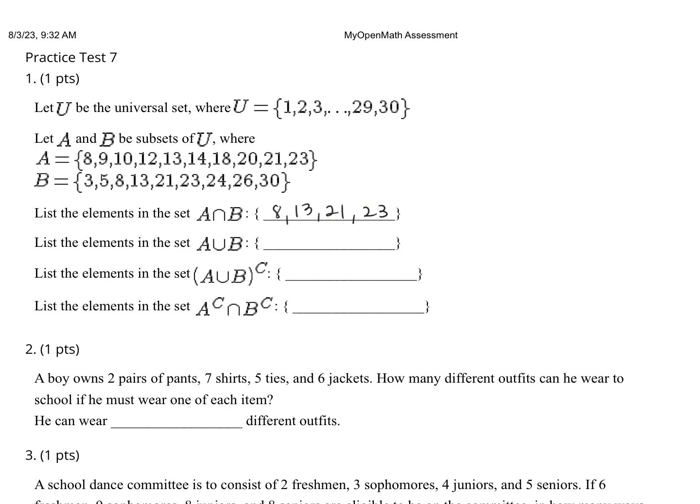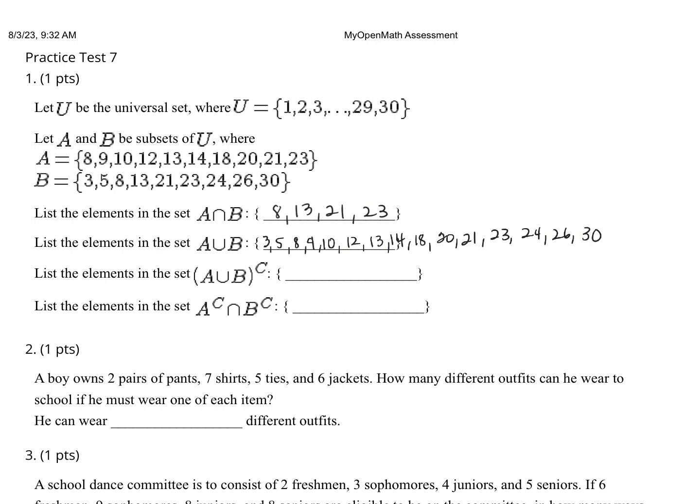So it's 3, 5, 8, 9, 10, 12, 13, 14, 18, 20, 21, 23, 24, 26, and 30. So anything that appears in either set is going to go into the union.